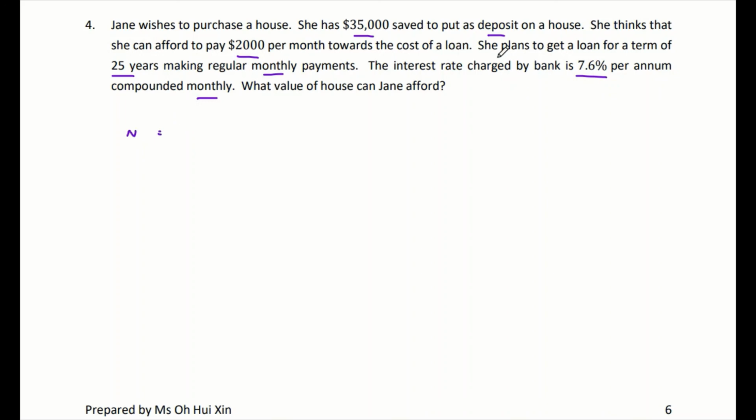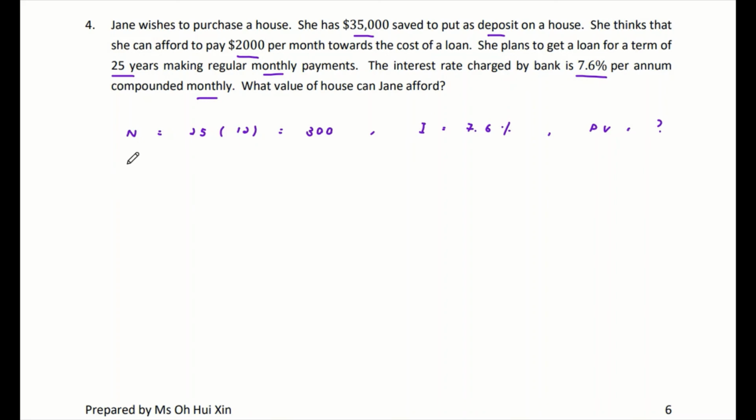So she plans to get a loan for a term of 25 years, making regular monthly payments. It's similar to what we have, so that's why N is 300 here. The interest rate is 7.6%. PV is what we want to get, because we want to see how much she can borrow.